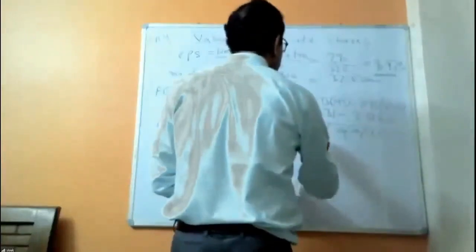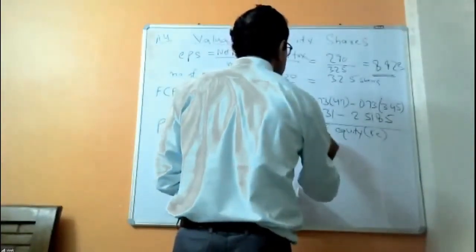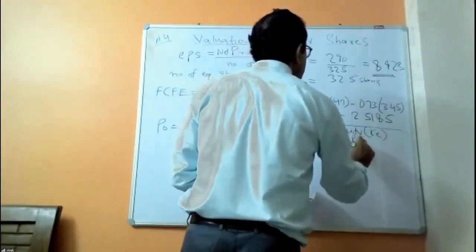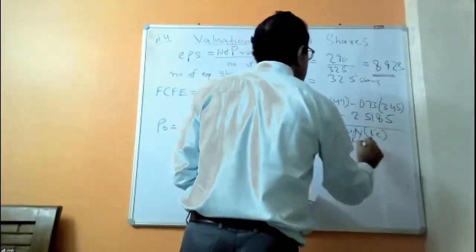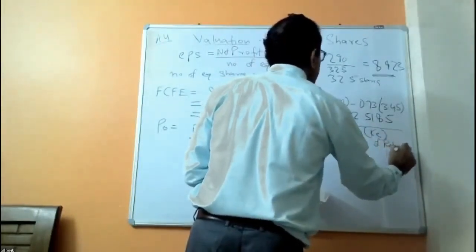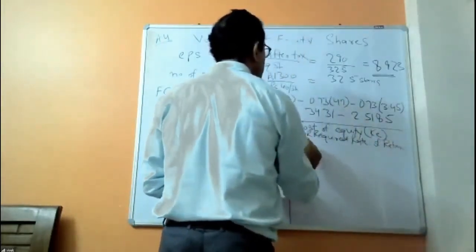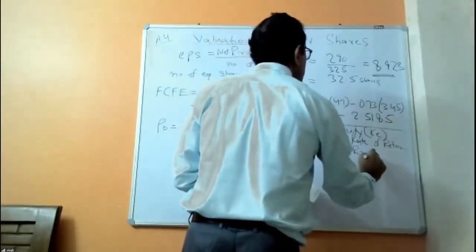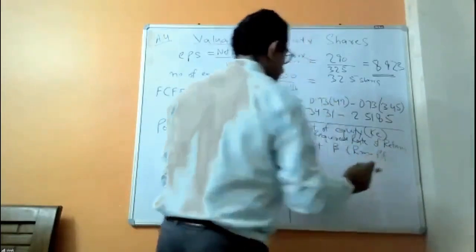So the cost of equity, or the required rate of return, or the expected rate of return, is equal to RF plus beta into RM minus RF.